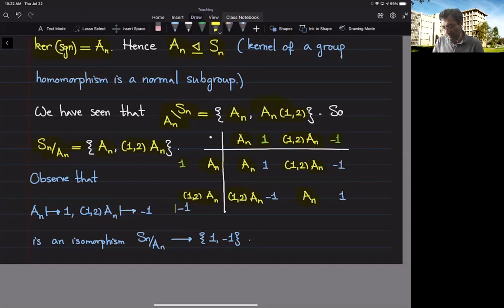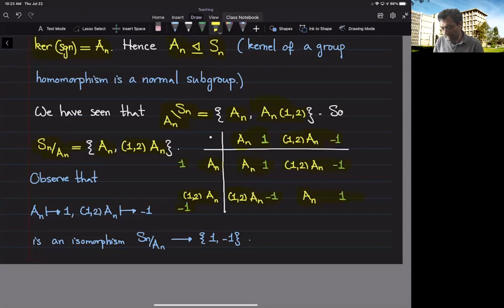I do the same on the column. Now I follow multiplication of the codomain. 1 times 1 is 1, 1 times -1 is -1. -1 times 1 is -1, and -1 times -1 is 1. Now you see that if I send A sub n to 1 and this coset to -1, then all multiplications match up.